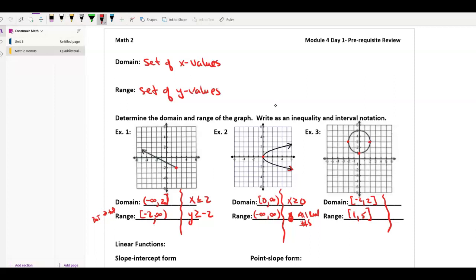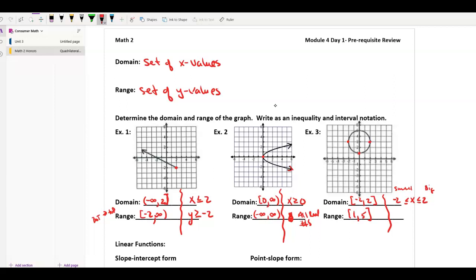Now how do I write the inequality? Well, these are going to be compound inequalities, meaning I'm going to be greater than or equal to the smallest number, then less than or equal to the biggest number. So remember, the alligator must always eat the bigger number. So x is greater than or equal to the smallest x value on the graph, which is -2, and the largest x value is 2.